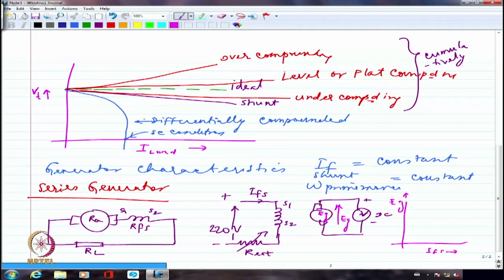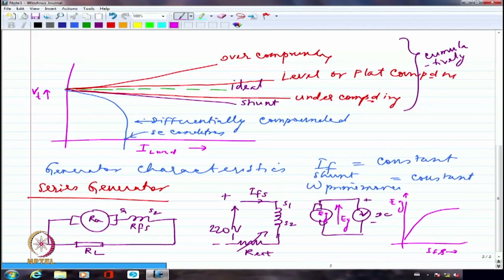So I'm going to have essentially the open circuit characteristics plotted, and that will be probably somewhat like this. Right. Now, with this as the characteristic, I should be able to definitely say that this IFS compared to IF shunt might have been 0.1, 0.2, 0.3 amperes, whereas IF series will be 1 ampere, 2 ampere, 3 ampere and so on.